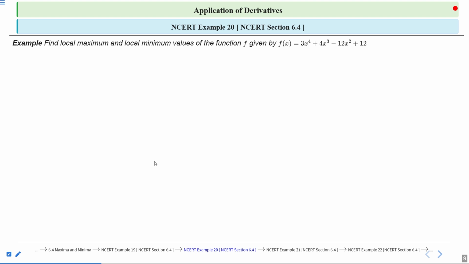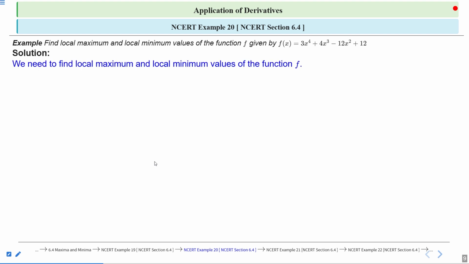The question is: find the local maximum and local minimum values of the given function f given by f(x) = 3x^4 + 4x^3 - 12x^2 + 12. Let us see the solution part. We need to find the local maximum and local minimum values of the function f.